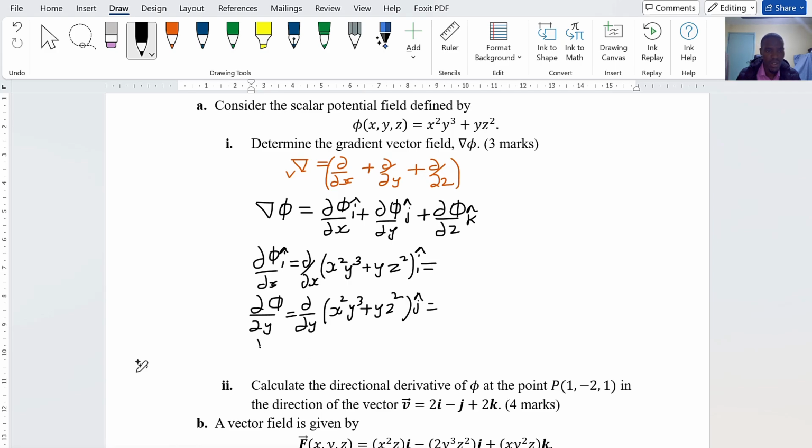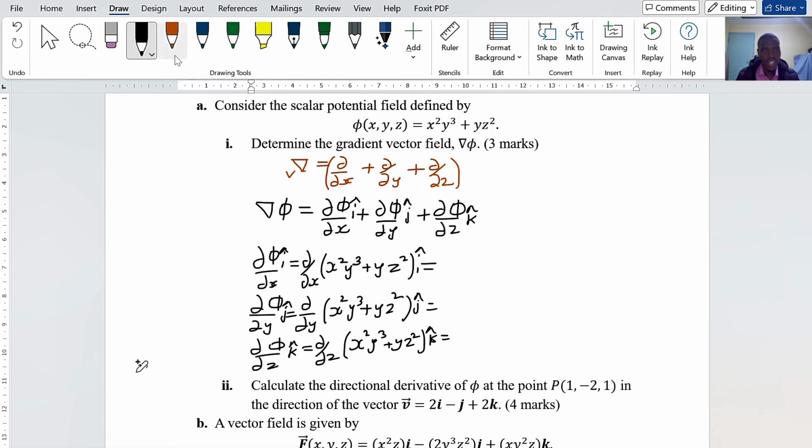Then finally we'll do d phi over dz for k, which is d over dz of our phi, x squared y cubed plus y z squared, k.